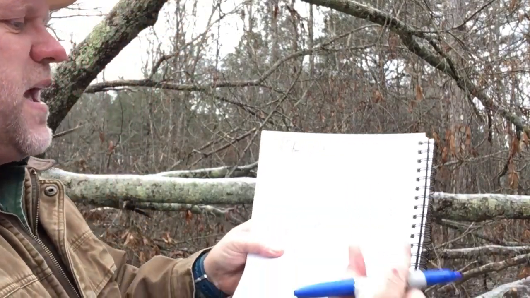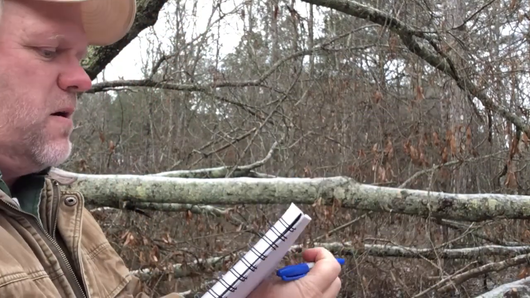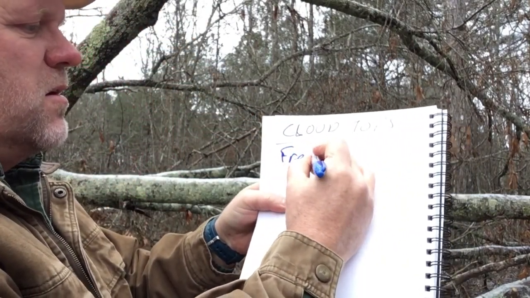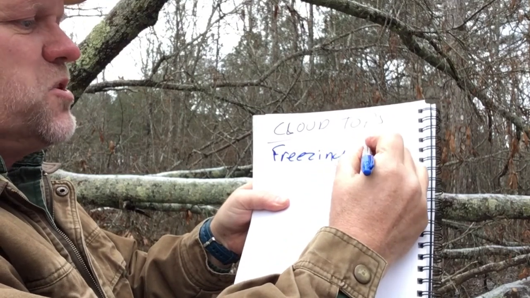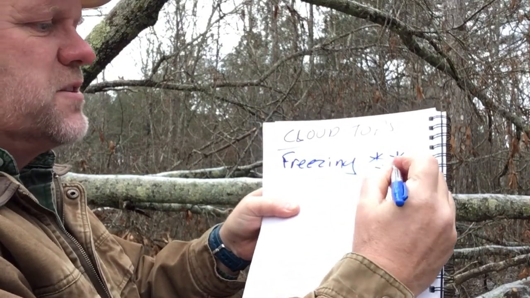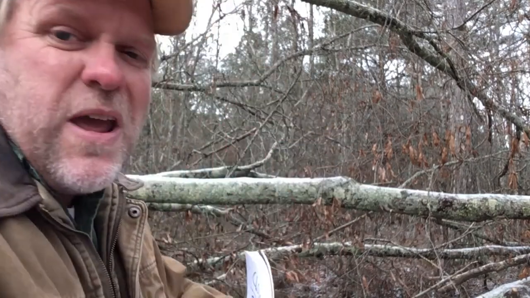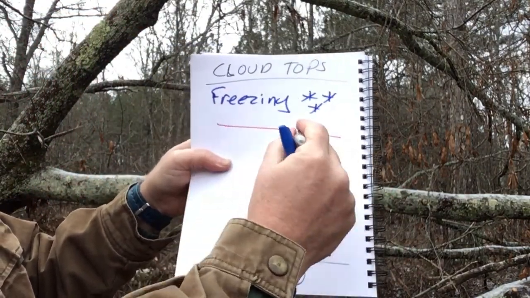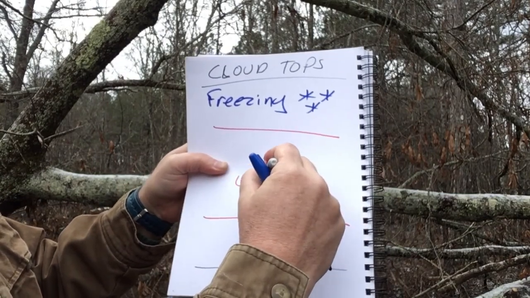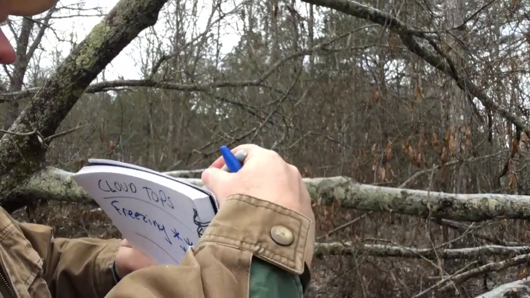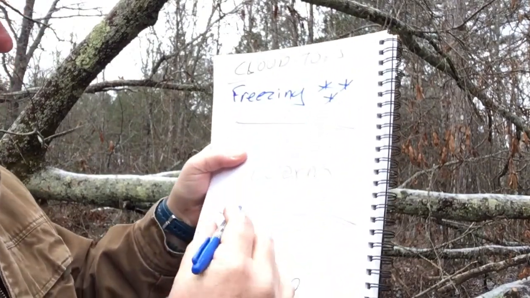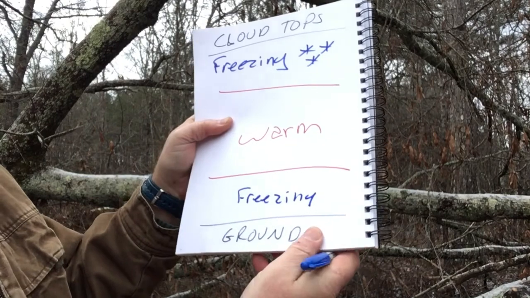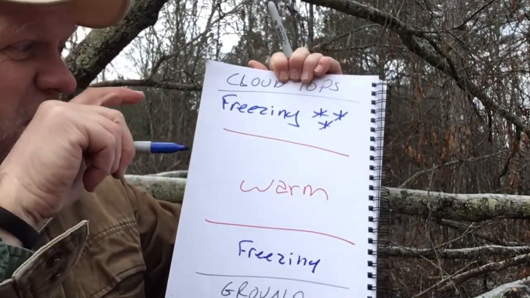So what if we have our freezing temperature up here? So here's our snowflakes. And then we have a thick warm layer. This is all warm right through there. But it's freezing here at ground level. So what happens then?